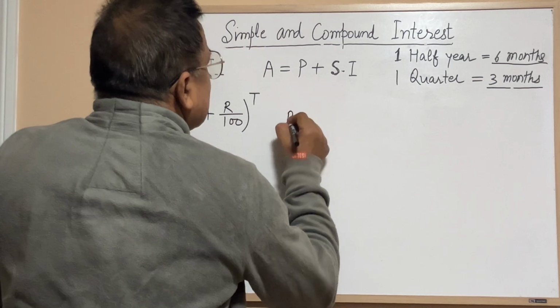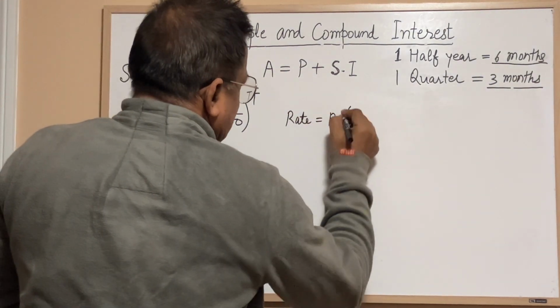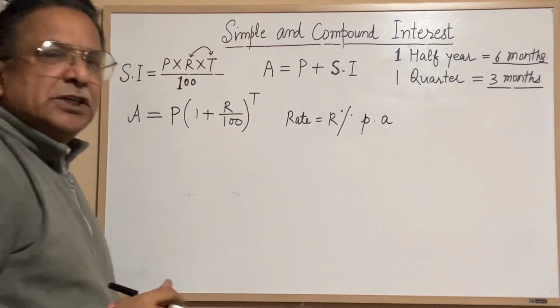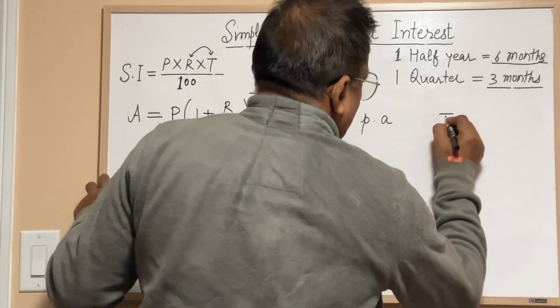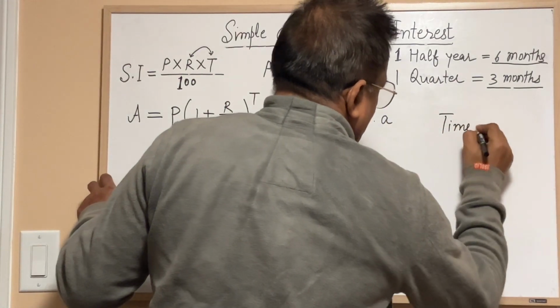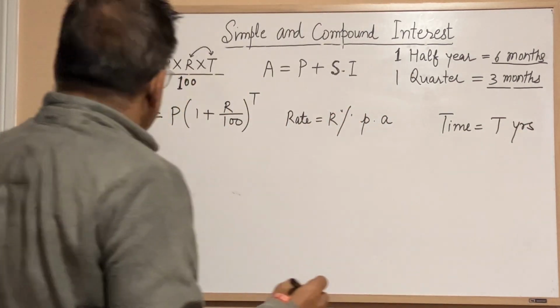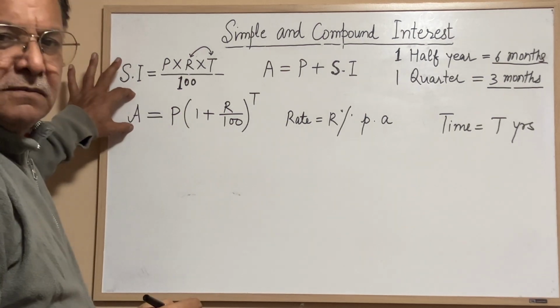Here rate is R percent per annum. Per annum means yearly. And time is T years. Then directly this formula is applicable for finding the amount.